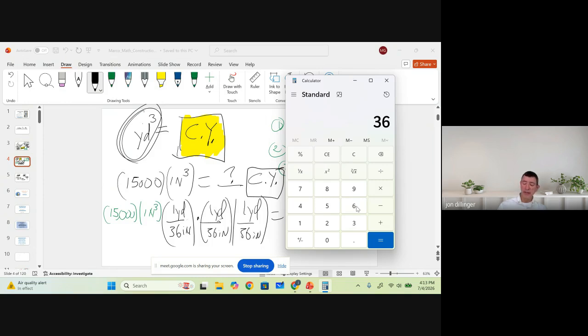You go 36 squared times another 36, like that. And then you have to invert it by touching this right here. Then you multiply it by 15,000.